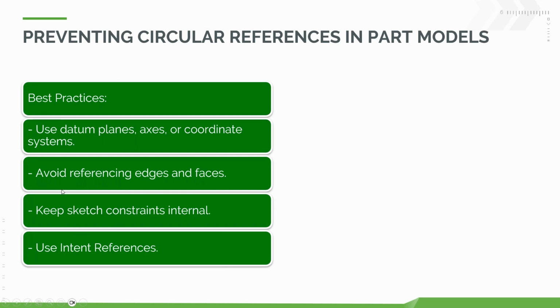If you're not familiar with it, it's a general best practice inside Creo when you're assembling items that you would try and use any of the default datums, so datum planes, axes or coordinate systems. The reason for that is because those features occur early on in the model tree, and realistically they never change.